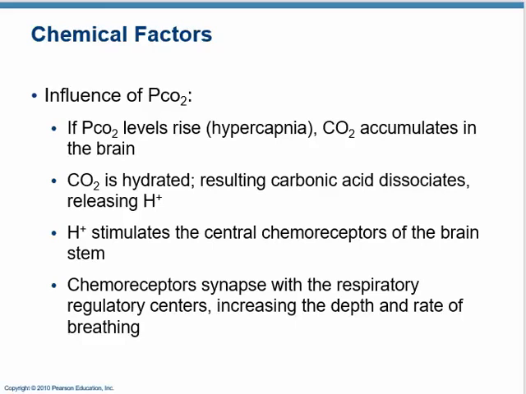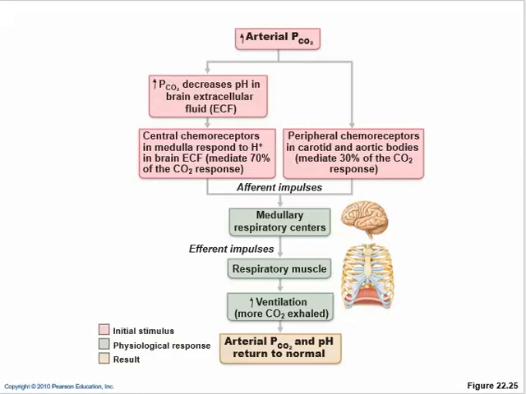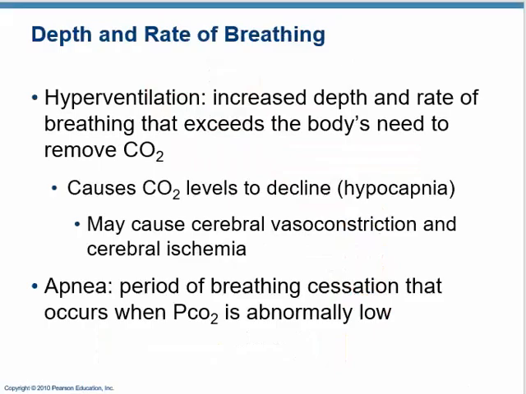The increased number of hydrogen ions as pH goes down stimulates the chemoreceptors of the brainstem, which then increases the depth and rate of breathing to try and blow off this carbon dioxide. That is the largest influence. So arterial PCO2 will really affect that.